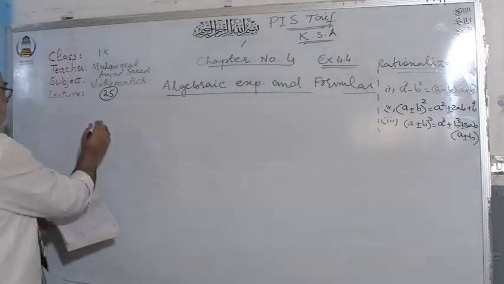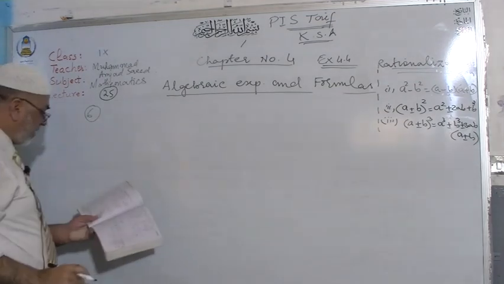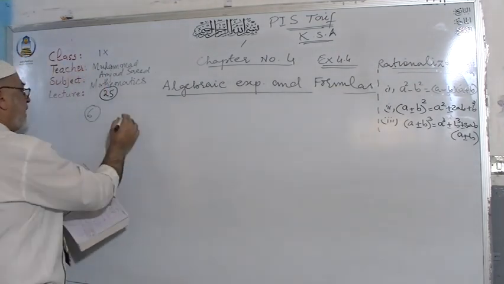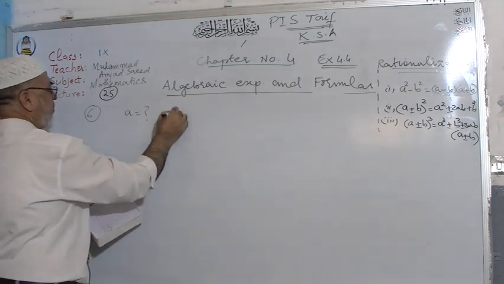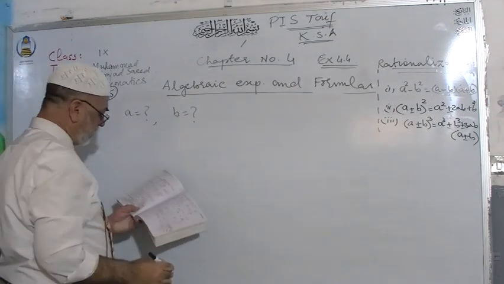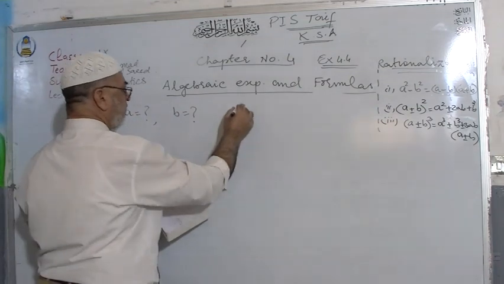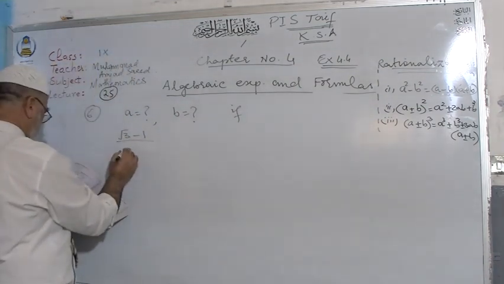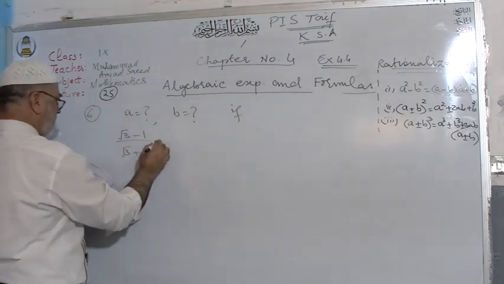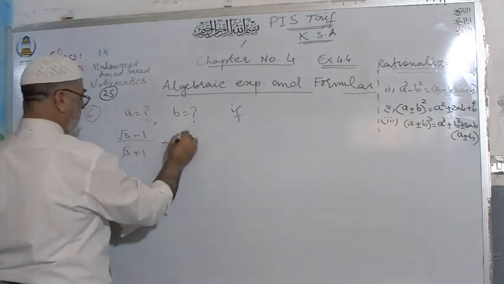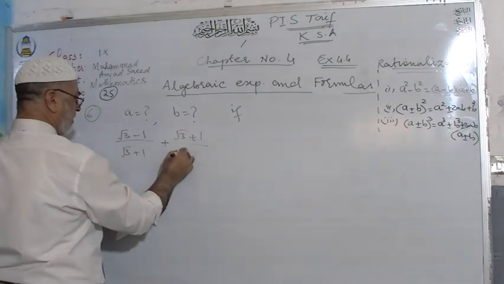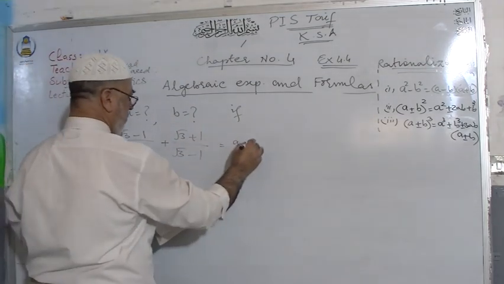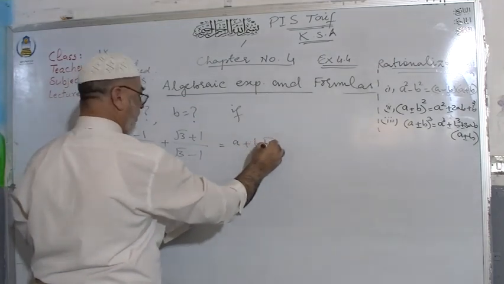Question number 6. Determine the rational numbers a and b. You have to find the values of a and b if root 3 minus 1 over root 3 plus 1 plus root 3 plus 1 over root 3 minus 1 is equal to a plus b into root 3.